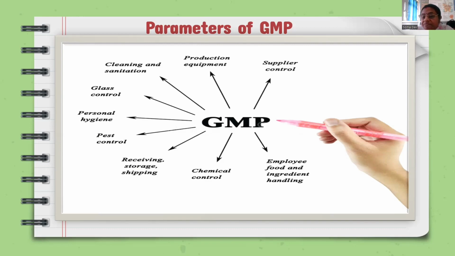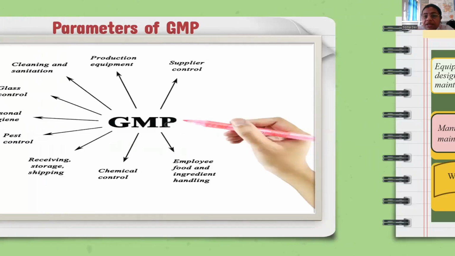It's also very important how we handle the ingredient, because once an ingredient gets contaminated, it will contaminate the whole deliverable product. So we have to take care in all the steps, to ultimately declare the deliverable product as a GMP product, GMP certified.